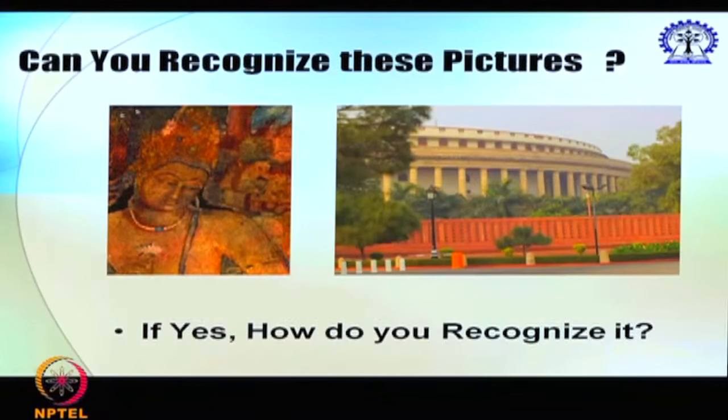So, this information, in this case, is an abstract idea, because I cannot specifically say why I recognize this to be a painting in Ajanta caves, or how I recognize this to be the image of Parliament House.